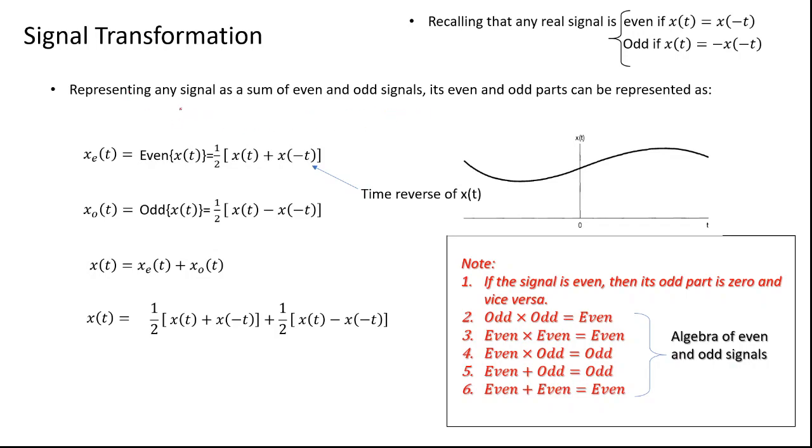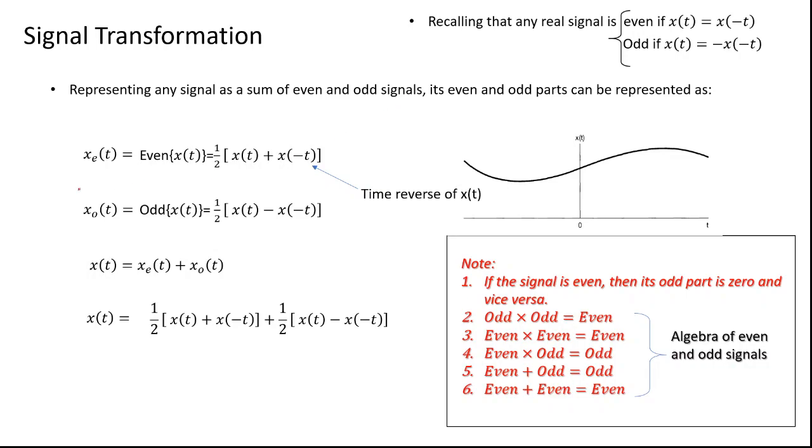Any real signal can be represented as a sum of even and odd signals, just as any complex signal can be represented as a sum of the real and the imaginary part.